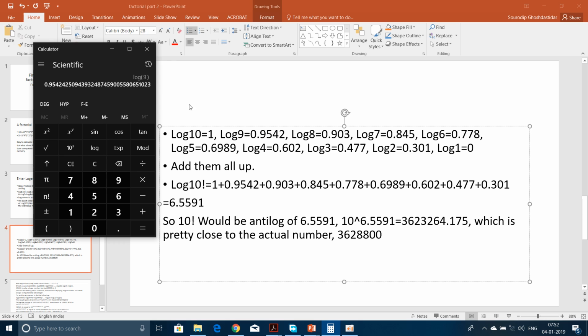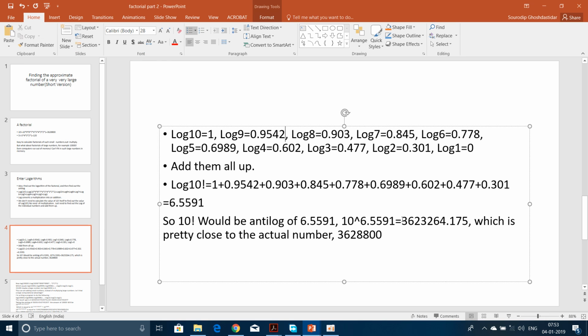So instead of 0.9542, if I had taken 0.954242509, maybe my answer would have been more accurate. Your answer depends on the accuracy of the logarithm that you're taking.